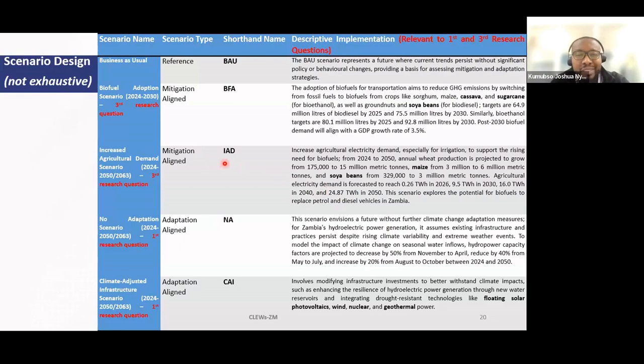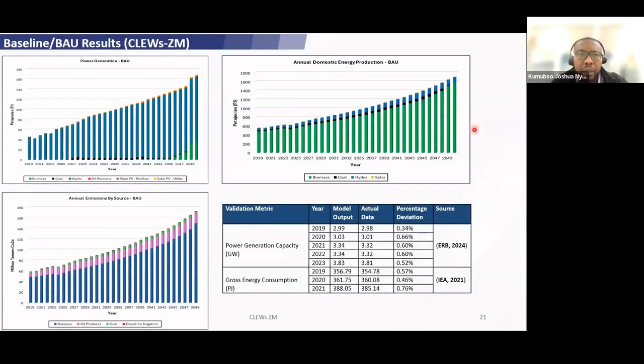Then you've got the increased agriculture demand that is just looking at increased, should I say, ambitious targets from the IRP. And this also is the biofuel adoption potential, looking at the prospects from the Renewable Energy Strategy and Action Plan, which was published in 2022 by the Ministry of Energy. And it had these targets, which are also modeled with an assumed growth rate of 3.5% beyond 2030.